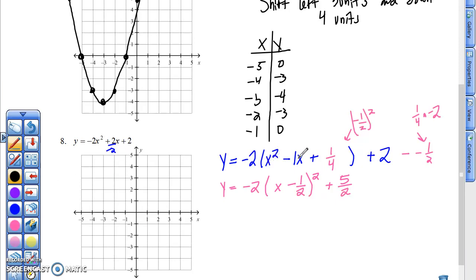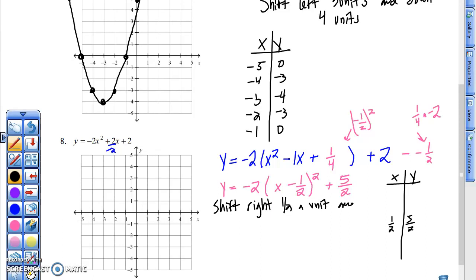I have a vertex at 1/2, 5/2. So I can talk about my shift. It's going to shift right half a unit and up 5/2 units.